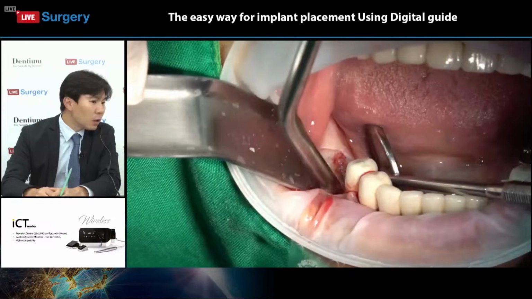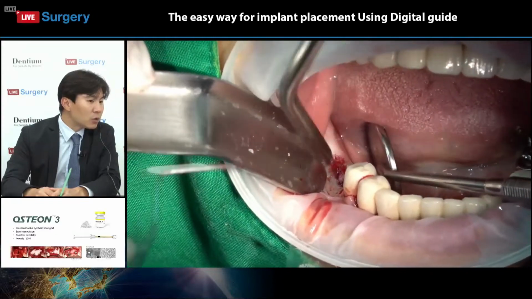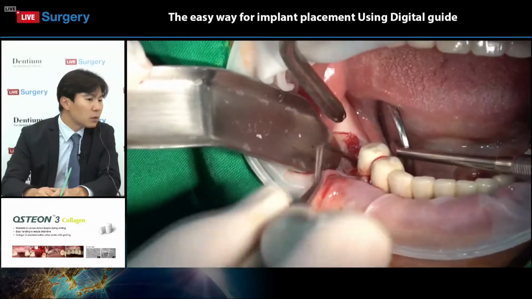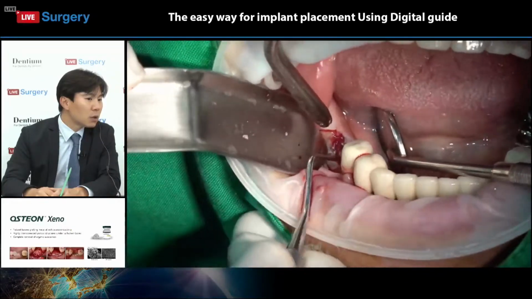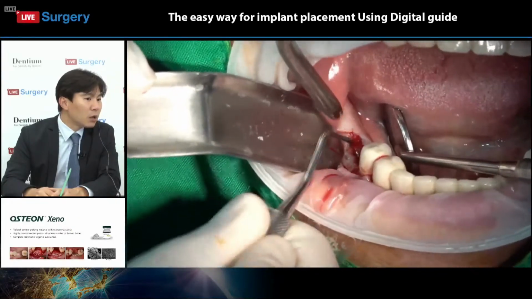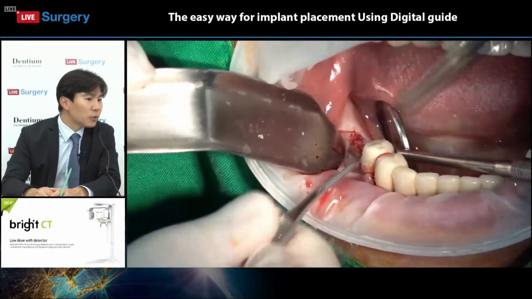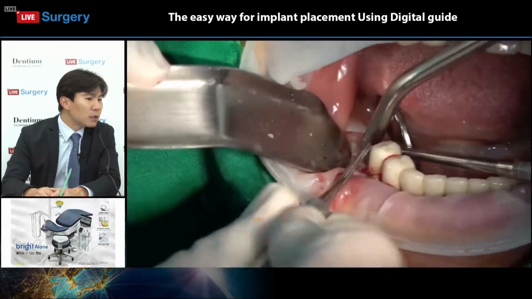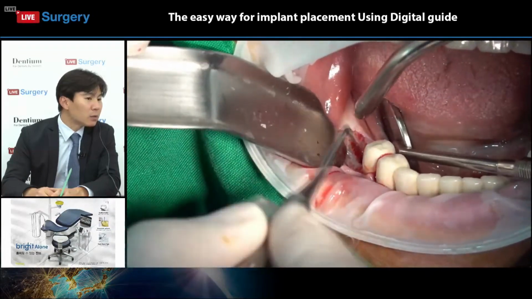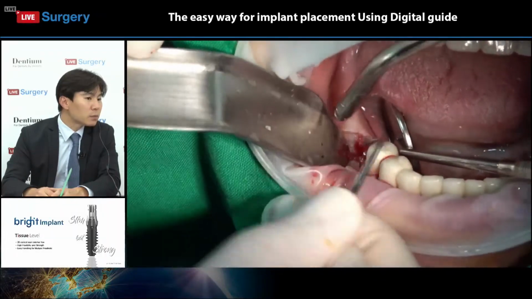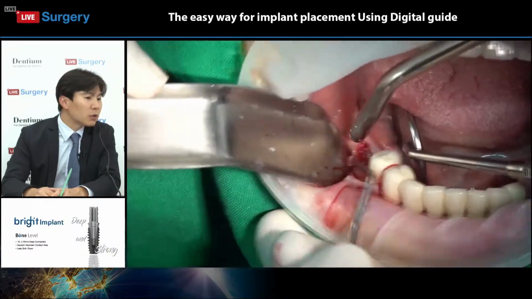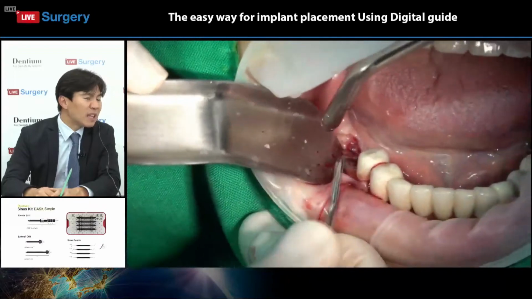The healing in this area looks incomplete. And you can see the granular tissue formed mid-crestally. And the granular tissue looks very sticky.